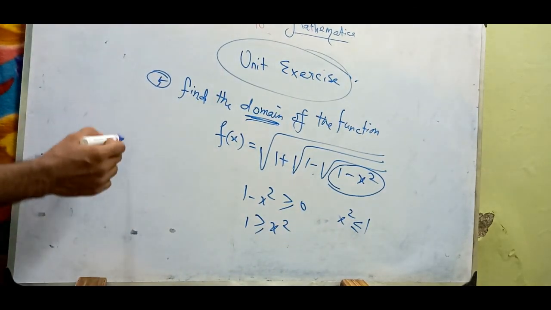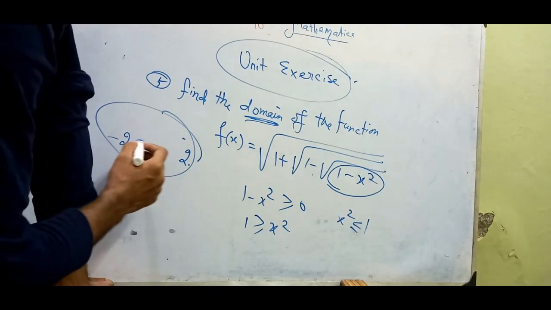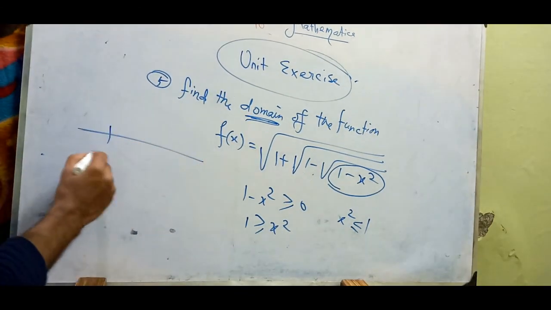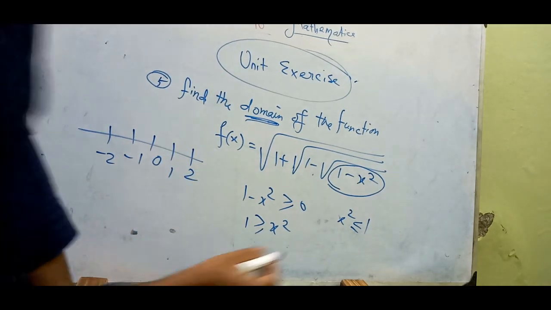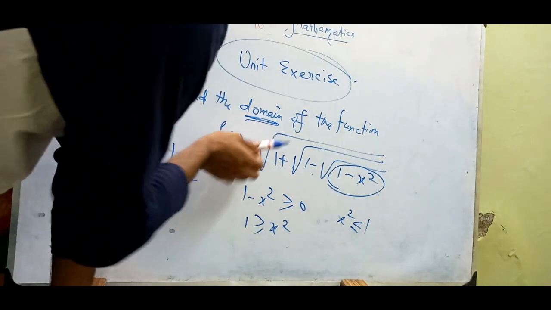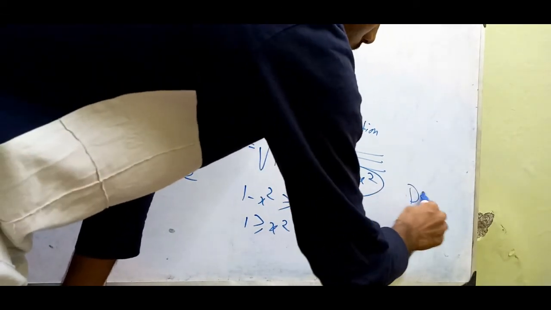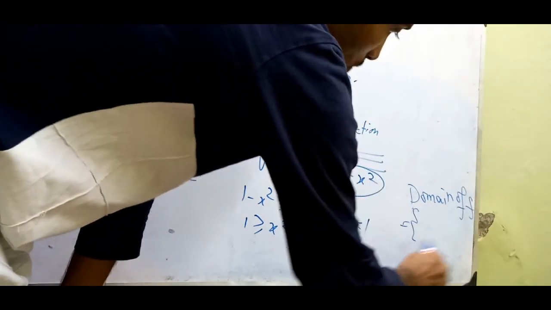Start with minus 2 to plus 2: minus 2, minus 1, 0, 1 and 2. We need to find a solution here, or you can say the domain of f.